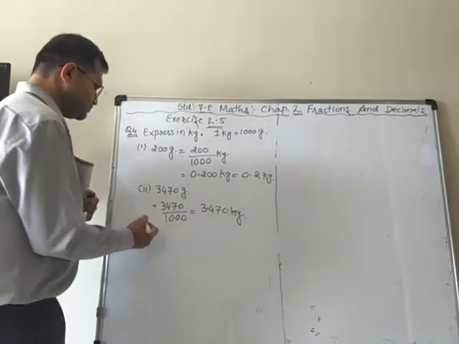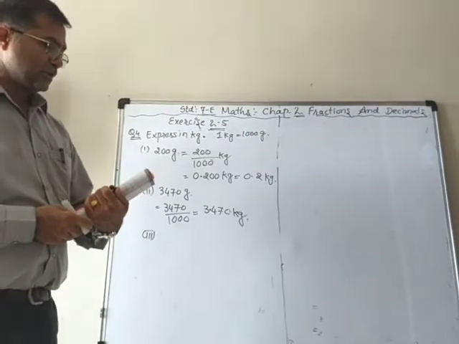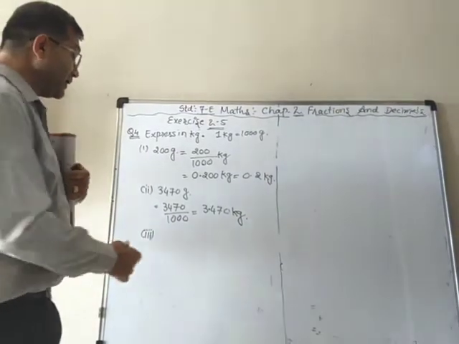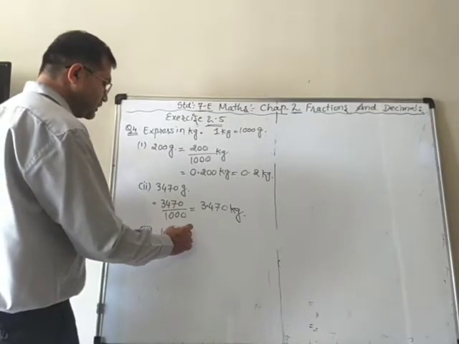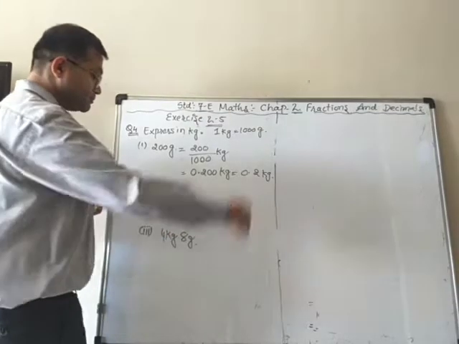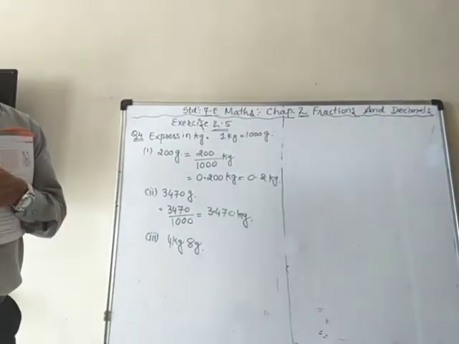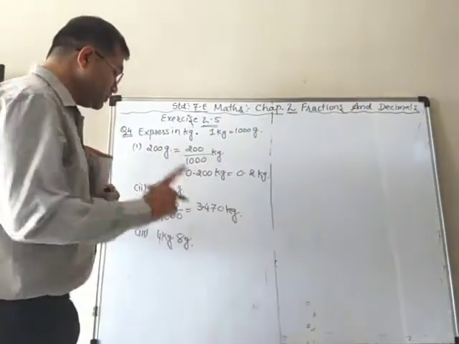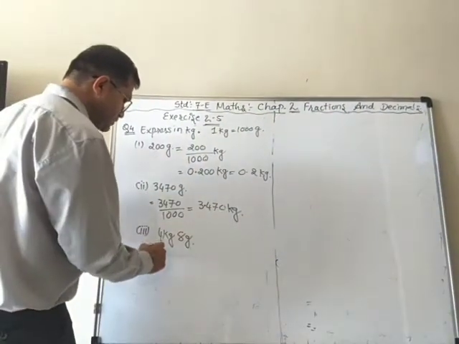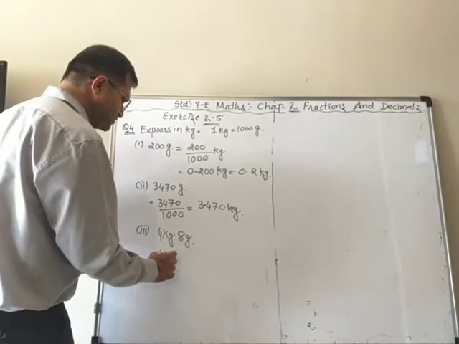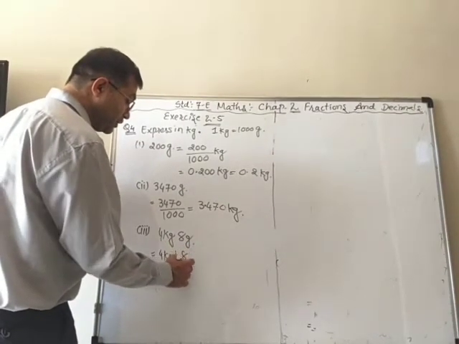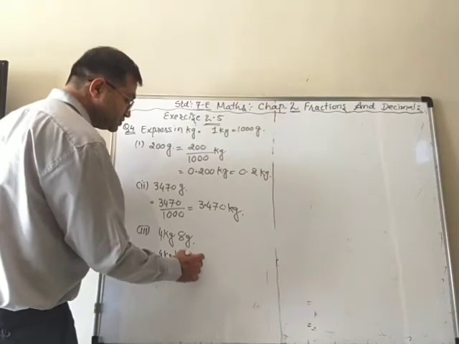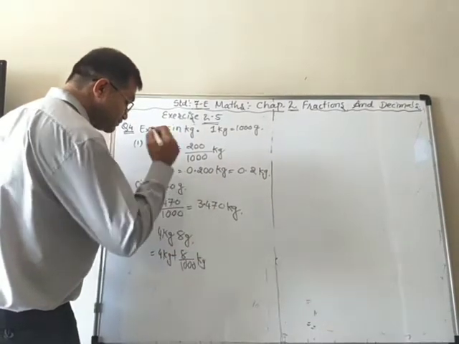Then the third one. What does the third one say? 4 kilogram and 8 gram. Here you have to be very careful. 4 kilogram we will write down as it is, plus 8 gram means 8 upon 1000 kilogram.